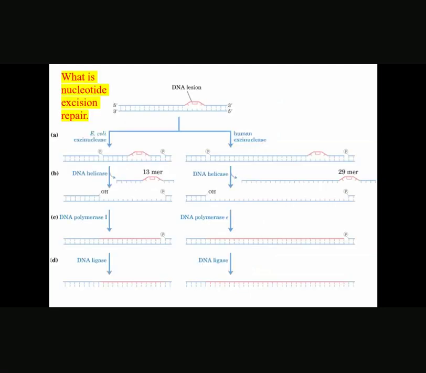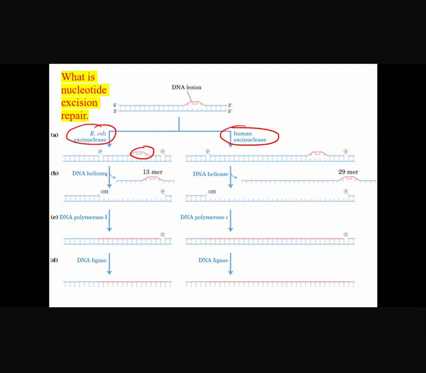So we have a set of enzymes called the nucleotide excision repairs that look for these giant kinks in the DNA. These are found all the way from bacteria to humans. It's that important. It looks for these lesions.